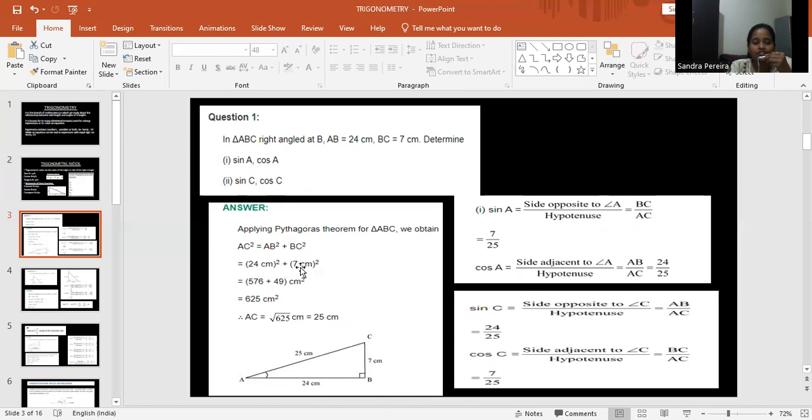After using these values, we will get 625 centimeter square is equal to AC square. When we want to find AC, this square will change into root on the right side and it will give us 25 centimeter, that is, the square root of 625 is 25 centimeter.